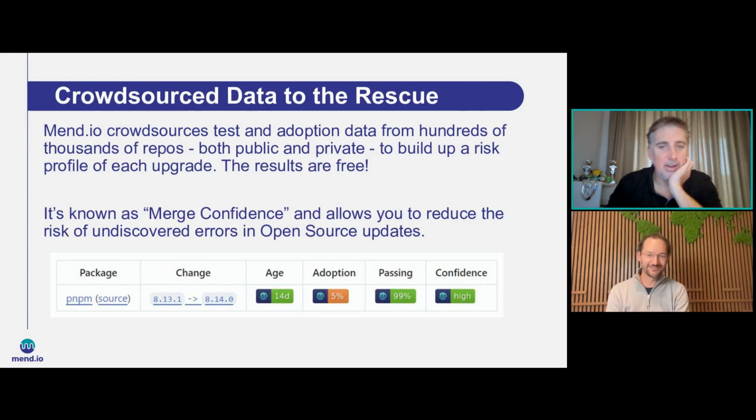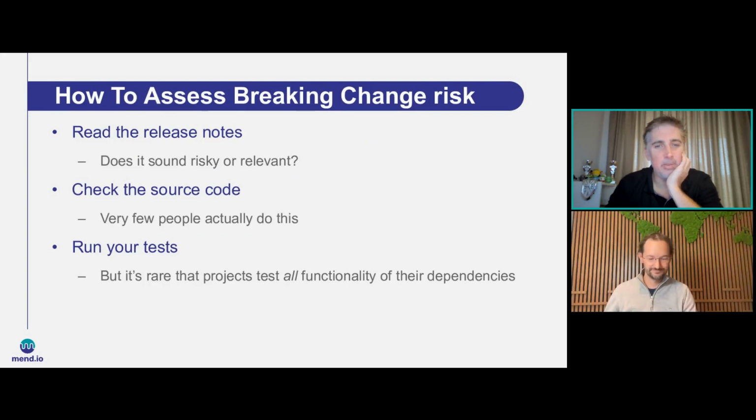You want to take this one? I've been talking too much. Before we do, I just want to go back, on the topic of how to test, just to hit on this one. Most people will unit test their application functionality, and they won't capture the full functionality of the embedded dependencies. But a really solid quality system would have functional tests or end-to-end tests that cover the entire functionality.